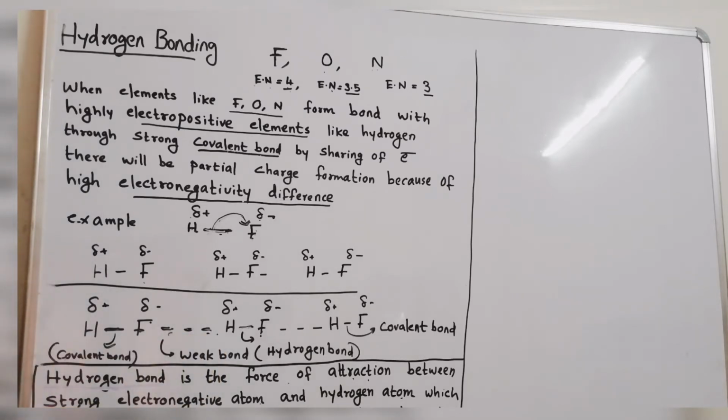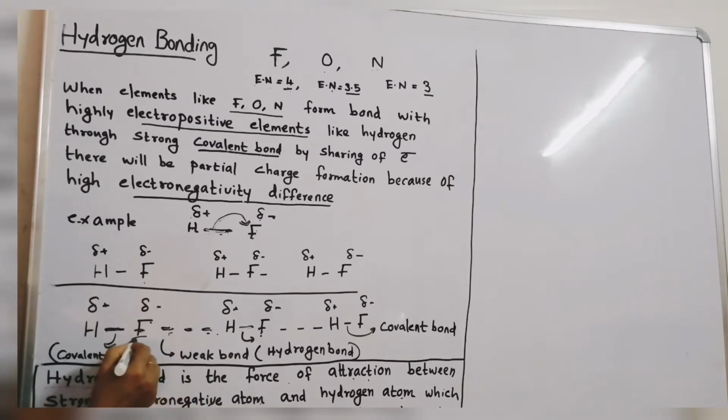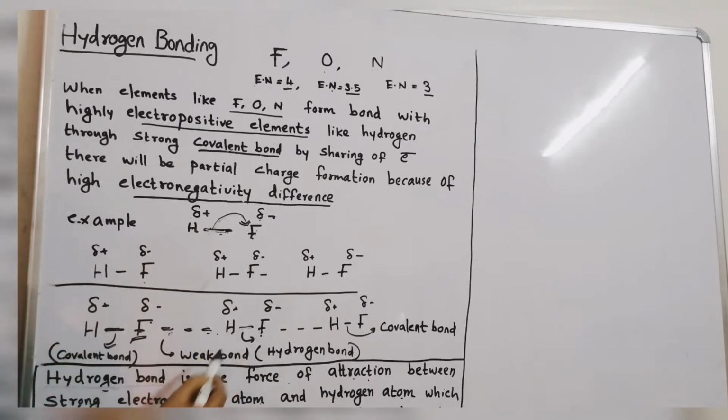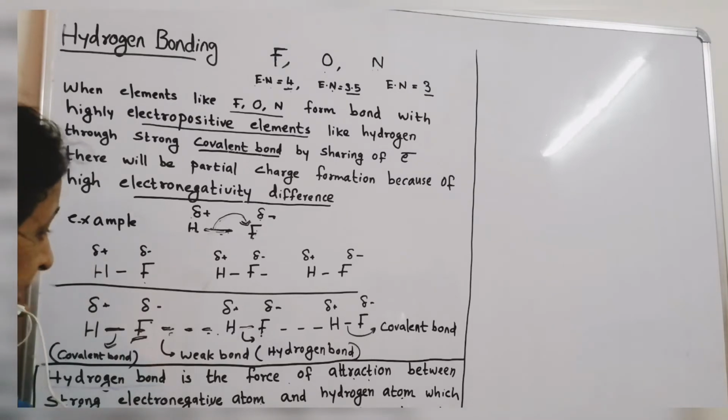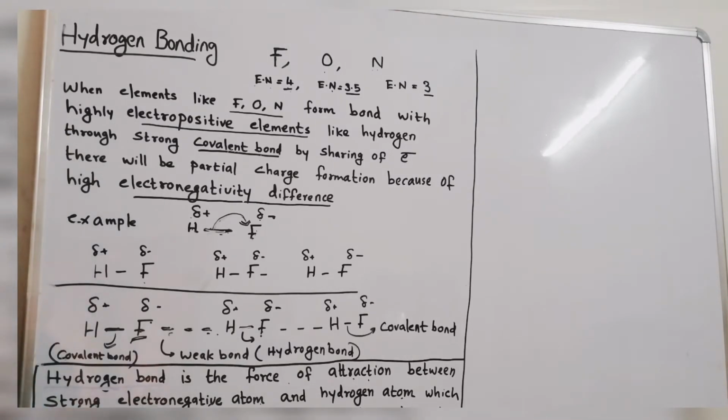So hydrogen bond is the force of attraction between a strongly electronegative atom, this fluorine, and hydrogen which is covalently bonded to another electronegative atom.